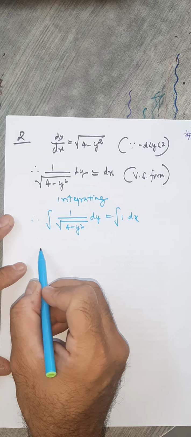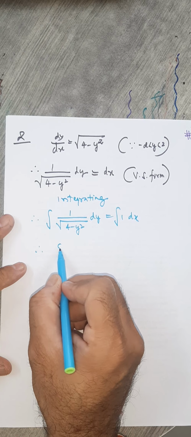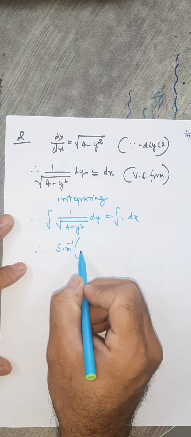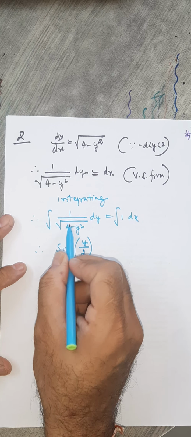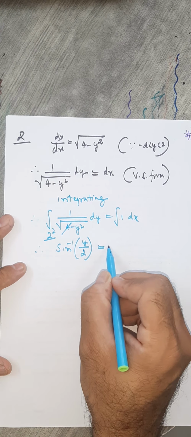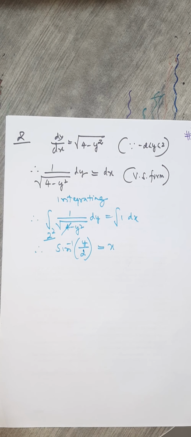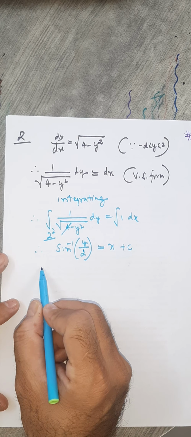Okay, what is this? Can you recall? This is a square minus x square. If you remember, it is sine inverse x by a. A is 2 here because 4 you can write as 2 square. You know. Equals to, what's the integral here? 1. Integral of 1 is x plus the constant of the integration.